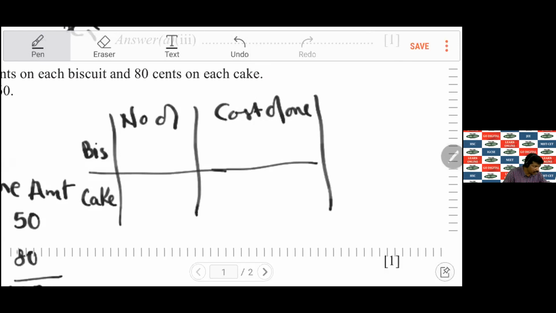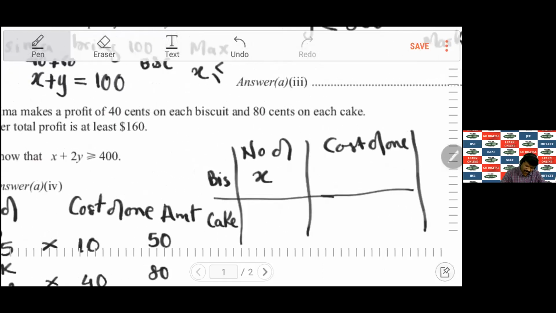Atharva, what was the number of biscuits? X. And what was the cost of the biscuit? 40. How do you know? I don't know that.